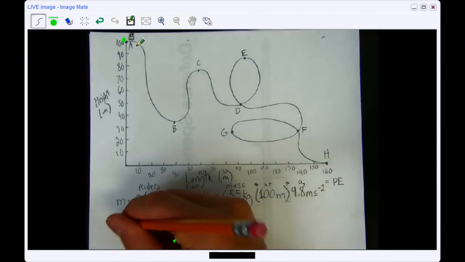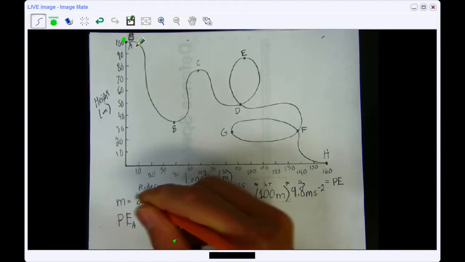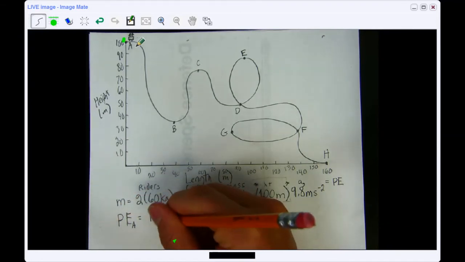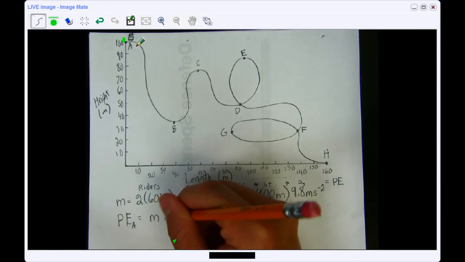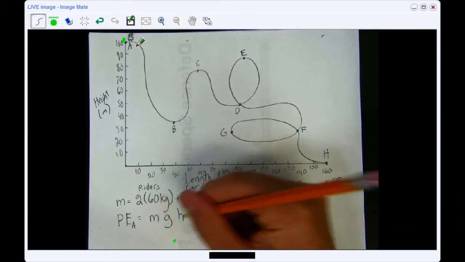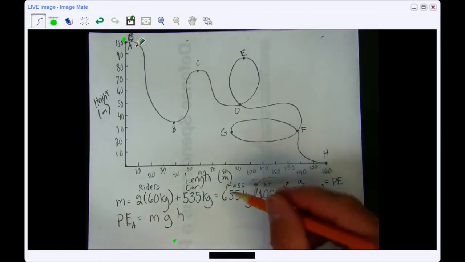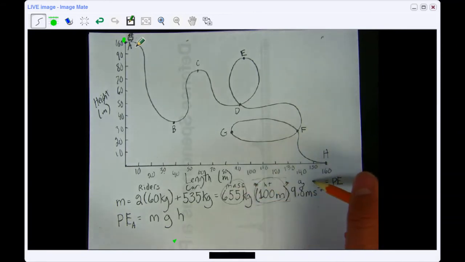So the potential energy at point A equals the mass times acceleration due to gravity times height. We've got height, we've got mass, we've got acceleration due to gravity.